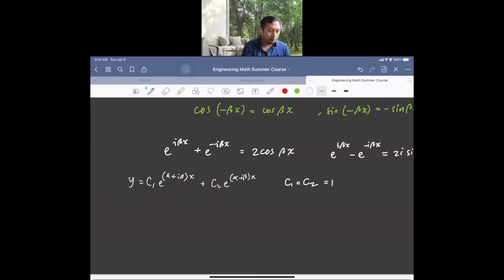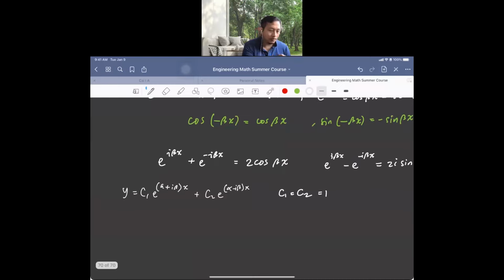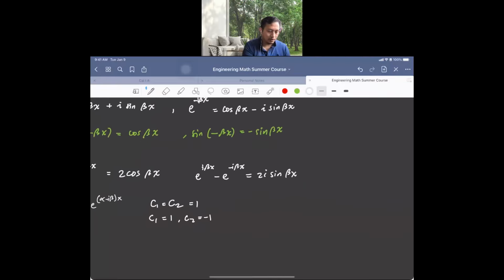We can make them equal 1, so that we can exchange with the Euler one, or we could make C1 equal 1 and C2 equal negative 1. So we will have at least some solutions from here.